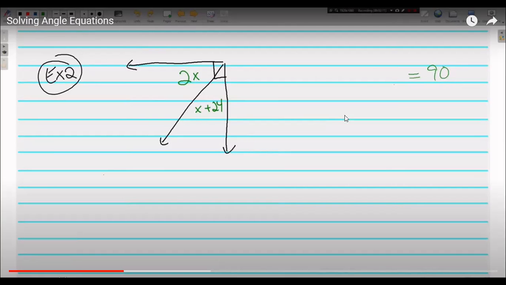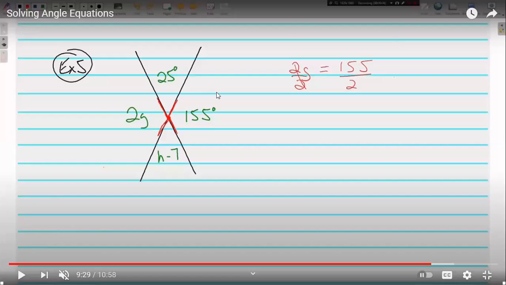Miss, I can't understand it. Okay, let me help you. In this question, we can solve the equation by using the angle relationship to find the value of the variable. As you see in front of you, we have two vertical angles, so their measures should be equal.